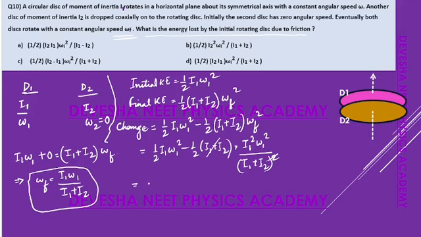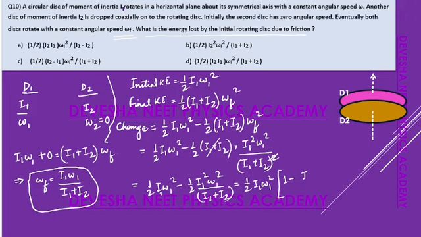So this gets cancelled, and we have half I1 W1 square minus half I1 square W1 square upon I1 plus I2. Now let's take half I1 W1 square as common. We are left with 1 minus I1 upon I1 plus I2.